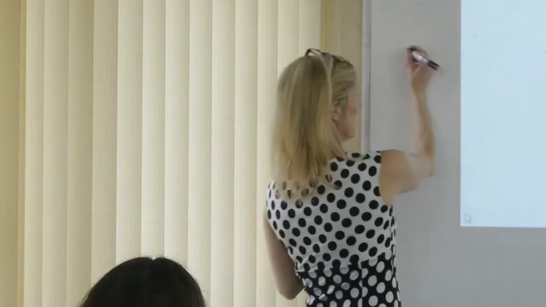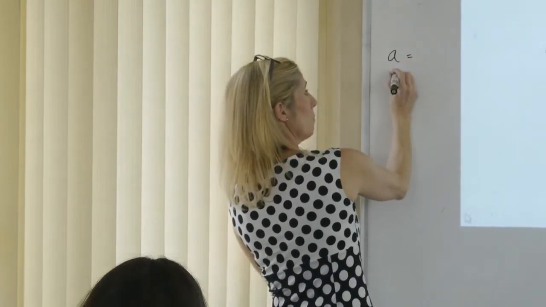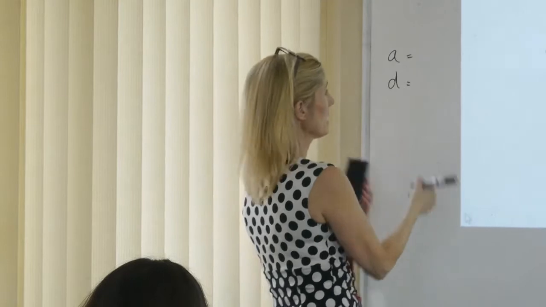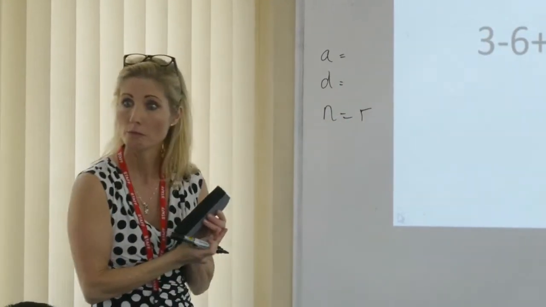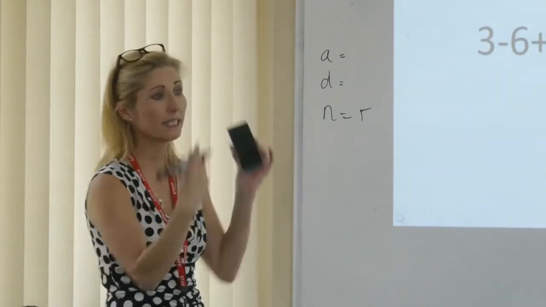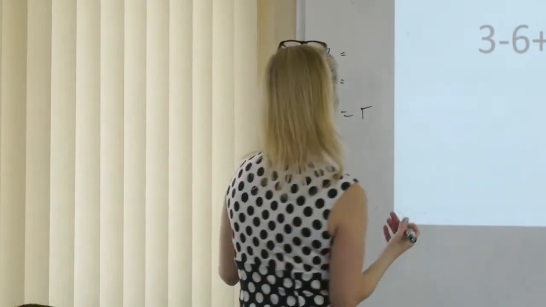Failing that, once you've ascertained that it is in fact an AP, what you then need to do is work out A, work out D, and n will just be your r value. Okay, and put that into the formula and simplify. That's all that you would normally do.